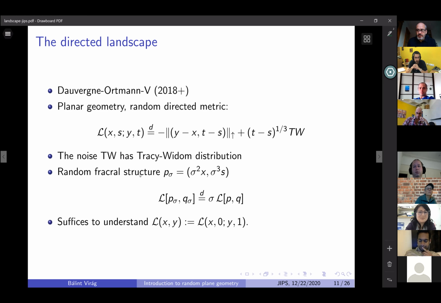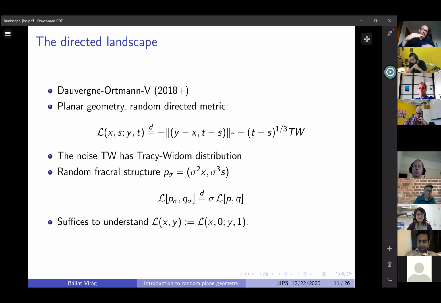So in order to understand this L better, it actually suffices to understand it for 2 fixed times. Okay, so there's a time direction S and T, and we're going to set S to be 0 and T to be 1, and want to understand these distances between 2 lines at these 2 specific times.